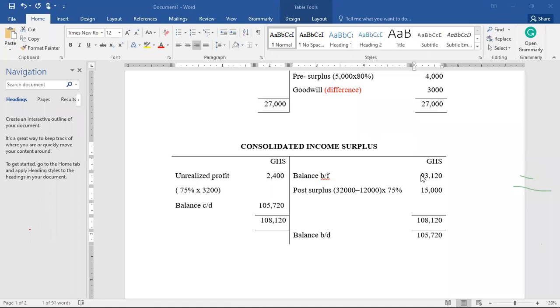That's fantastic. The post-acquisition surplus is how much?